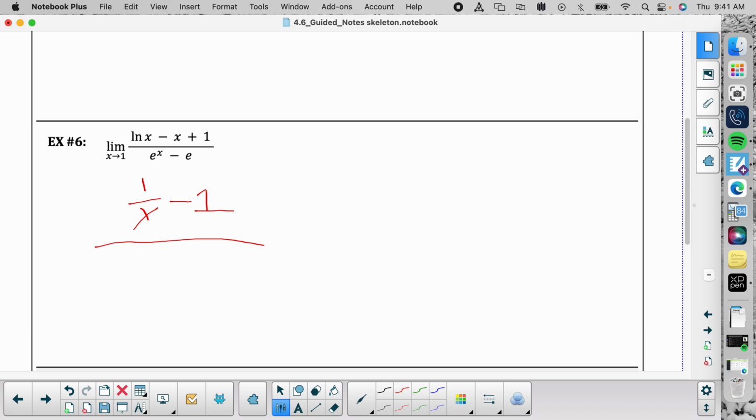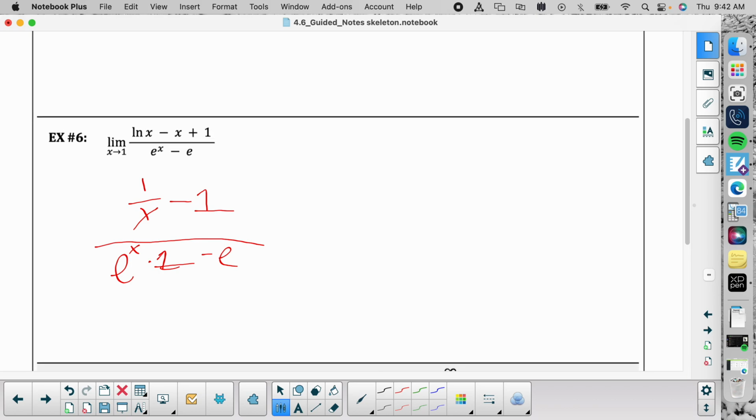Good. And then don't we do the chain rule for e to the x, or no? Sure, times 1. Oh, wait, the derivative of e is 0. Yep, it's just a regular number.